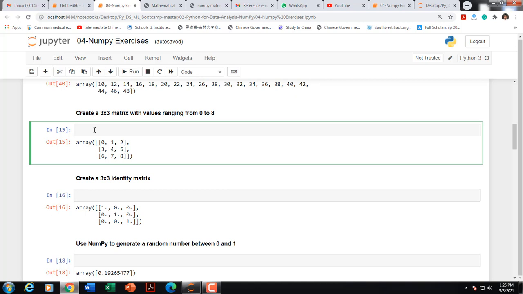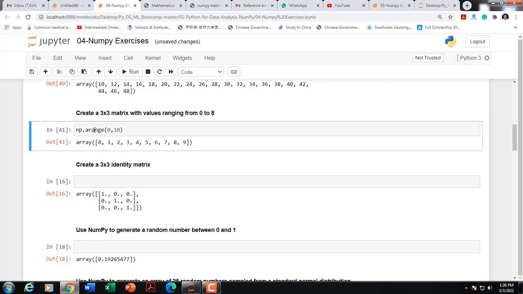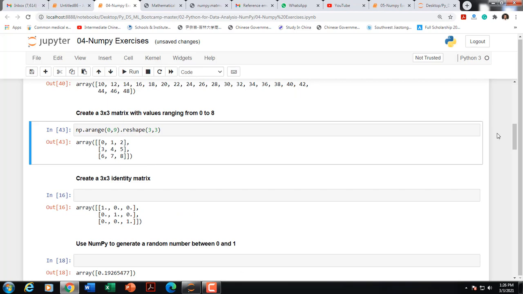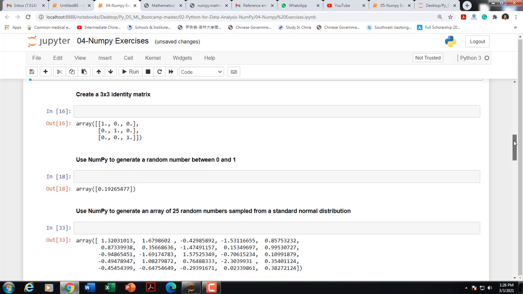So I'll say np.arange 0, 10, and what I get over here is, okay, I think it should be 0, 9. Yes, this is because the second number is always exclusive. So I get these 9 elements, 0, 1, 2, 3, 4, 5, 6, 7, 8. And now I can reshape this as a 3x3 matrix because 3 multiplied by 3 is 9. So this is how I get a 3x3 matrix.